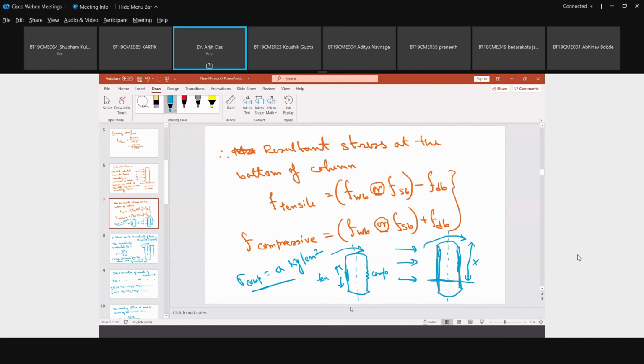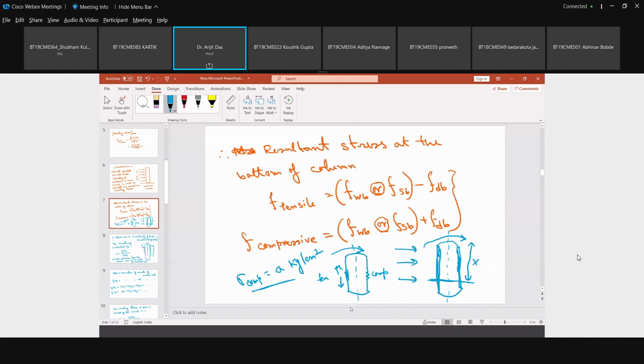Suppose you are going to design a material and the allowable compressive stress is given. Then you have to find the compressive stress due to wind or the seismic load, take the higher value of that, and add the dead weight.